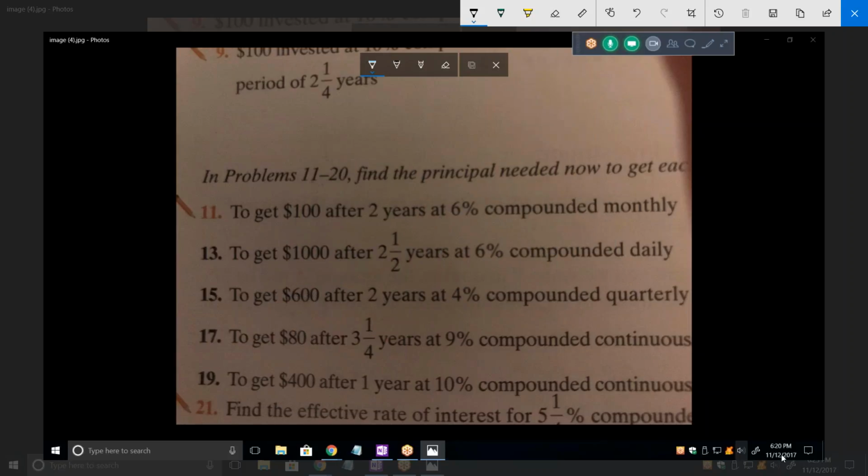Now, let's see if we can find something. These are all exactly the same also. 21 is different. Tell me what 21 says. Find the effective rate of interest for 5 1/4% compounded quarterly. That's all it says? Yeah.